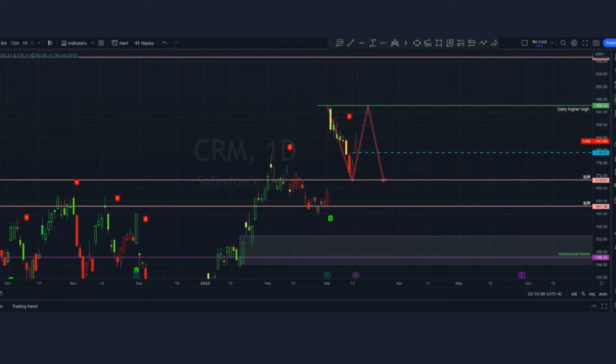Yeah, I actually have templates made for that exact reason. It depends on where they're currently sitting. So if it's on the 23, I'll probably leave the 38, 50, 61 up, because I'll be looking for those areas as hard resistance. Now, if it's at zero, then I'll be putting the 23 and up.